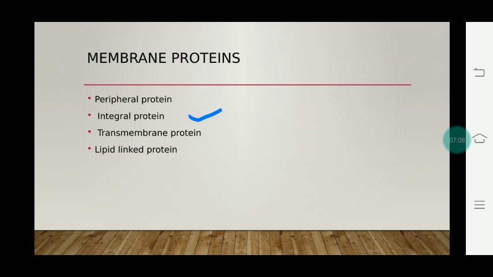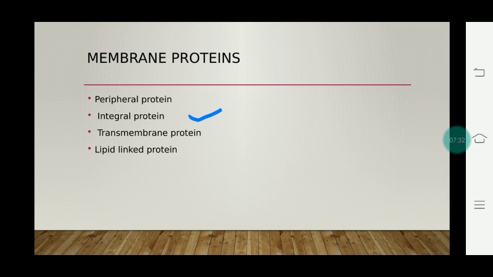So the proteins that are held in the lipid bilayer very tightly and cannot be released by relatively gentle extraction processes are called integral proteins or intrinsic proteins, which are wholly embedded in the lipid bilayer structure.